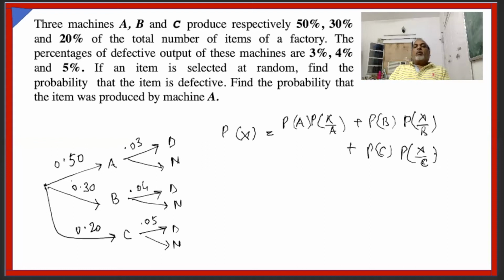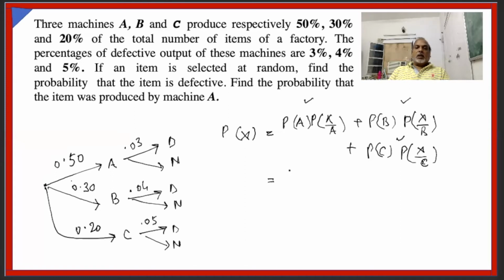So this is giving you the probability that the item is defective. Either it is from A, or it is from B, or it is from C. And if we add up, then we can get our probability.